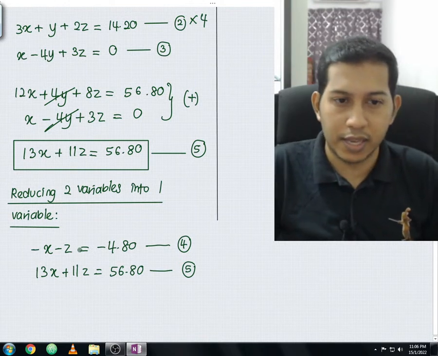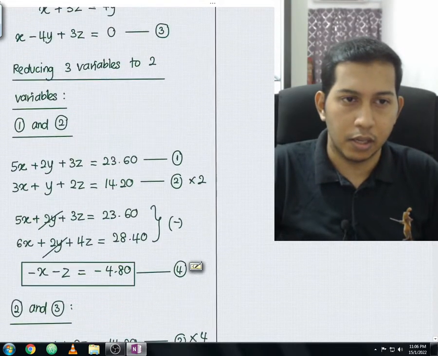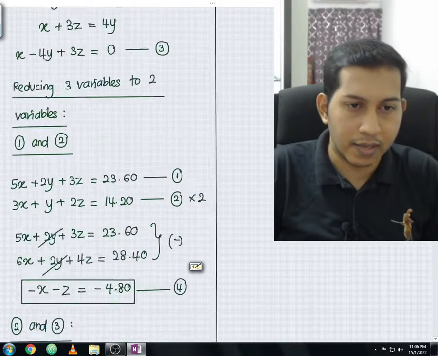Okay, so which variable do you want to eliminate now? In this case I choose to eliminate the z variable. z in this case is orange juice.